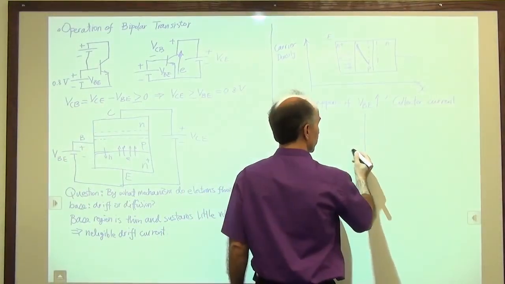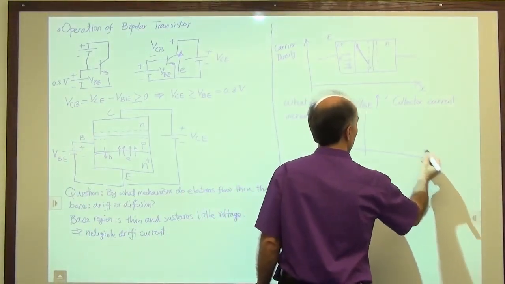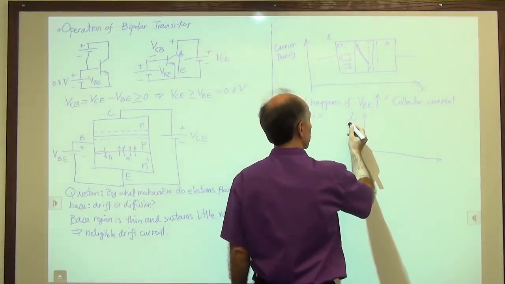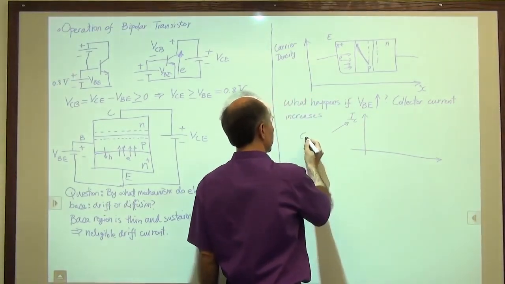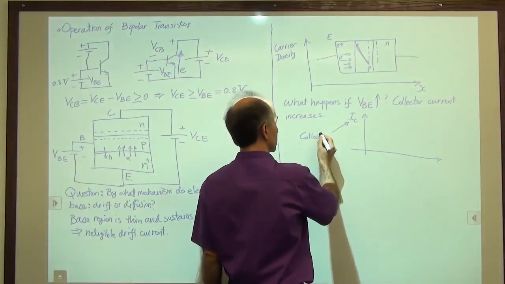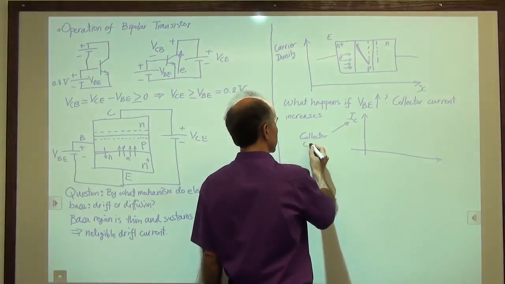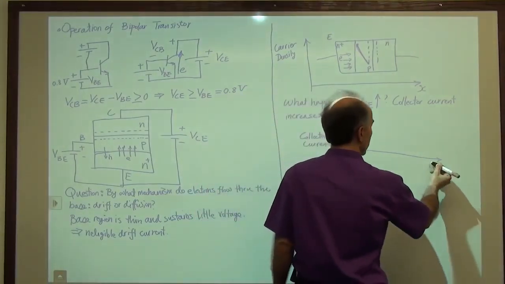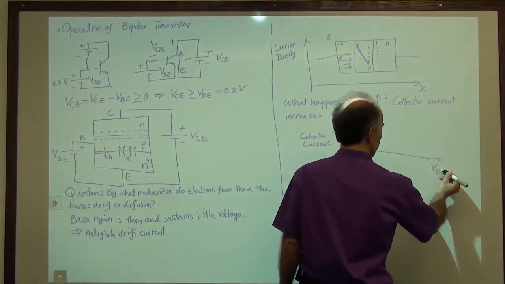So here's what I know. I have IC. This is what we call collector current as a function of base emitter voltage.